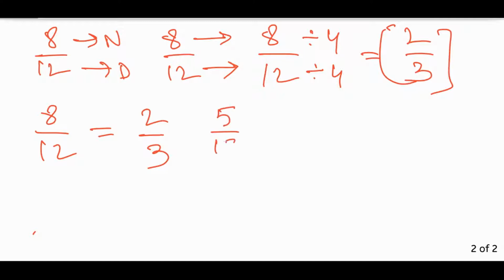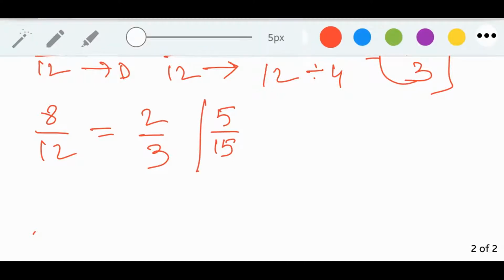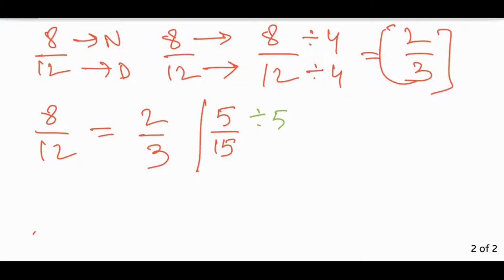5 by 15. So here I have 5 by 15. Now I have to consider a number which can divide both 5 and 15 as well. So I think 5 would do that. You have to keep in mind that you have to divide both the numerator and denominator. So what I get is 5 divided by 5 will be 1 and 15 divided by 5 would be 3.